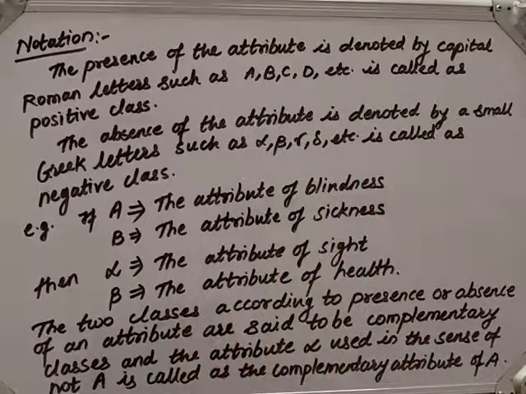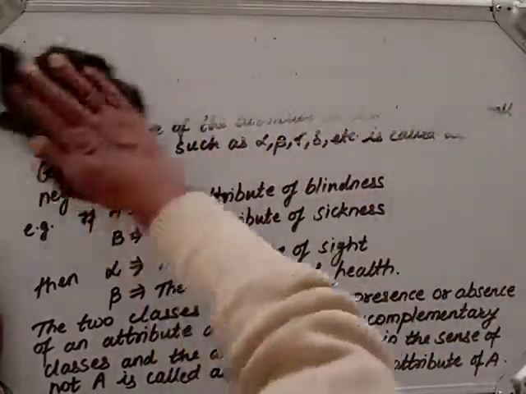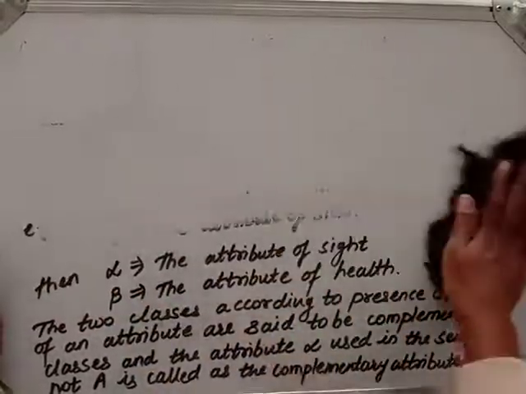Now the combination of different attributes can also be done. So the combination of attributes, that of A, B, A beta, alpha beta as such.